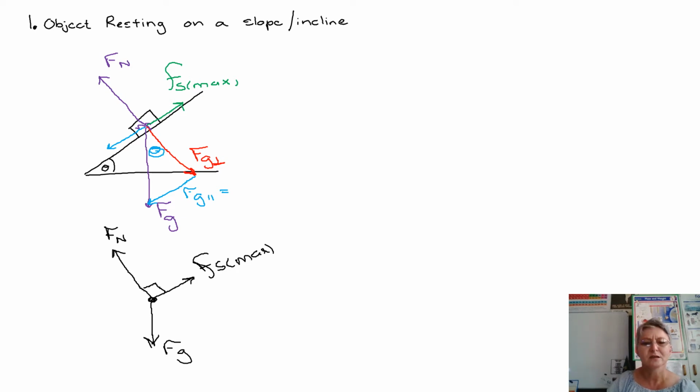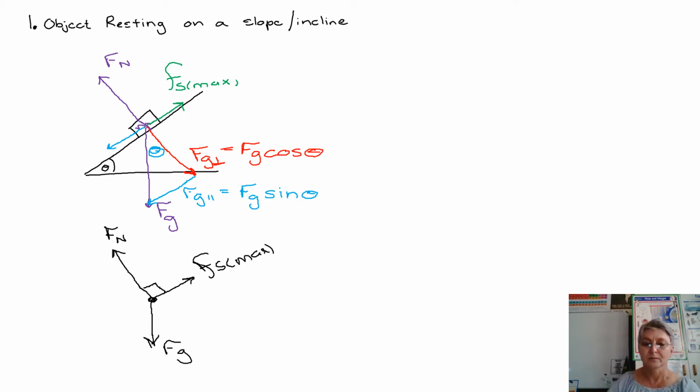It is Fg sine theta. The component of the weight that is perpendicular to the plane is Fg cos theta.